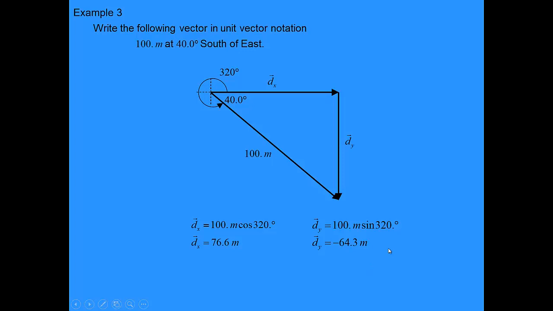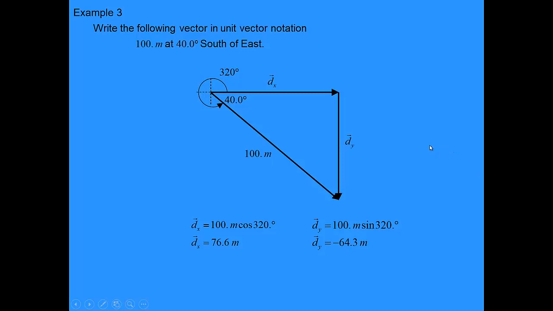Now, last year, this is where we would have left it. We would have said, okay, here are our perpendicular components for our 100 meters at 40.0 degrees south of east. But now, we can put it in unit vector notation. So remember that x with direction is i cap, and y with direction in unit vector notation is j cap. And in this case, we have no k cap because there is no in and out of the board.